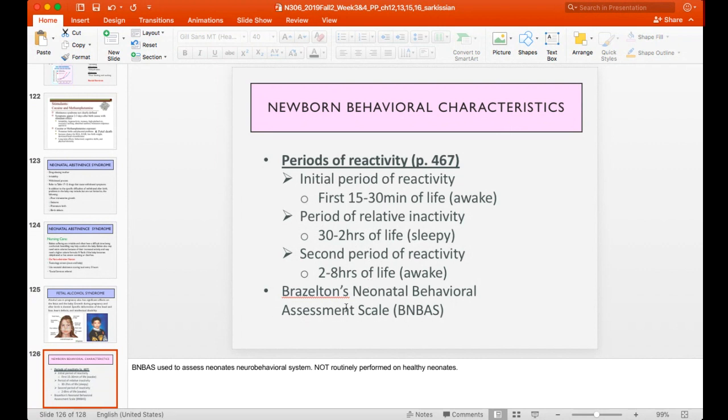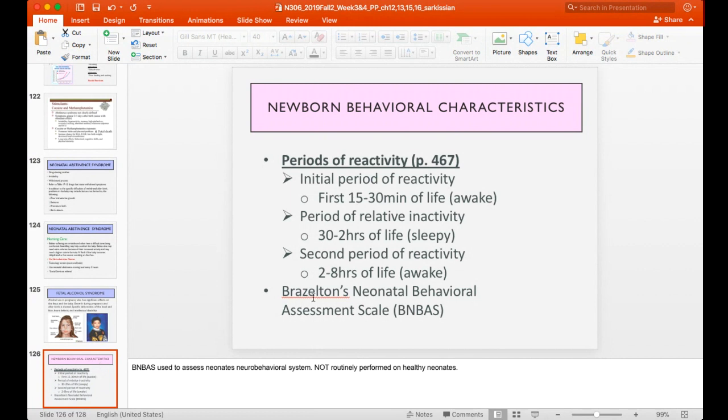Okay, the BNBAS characteristics are used to assess neonates' neurobehavioral system, and it's not routinely performed on healthy neonates. I just want you to be aware, like know it, or at least have read that.